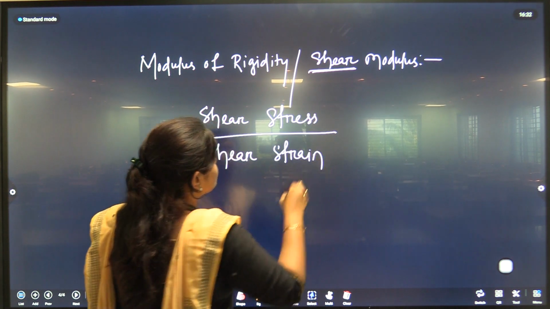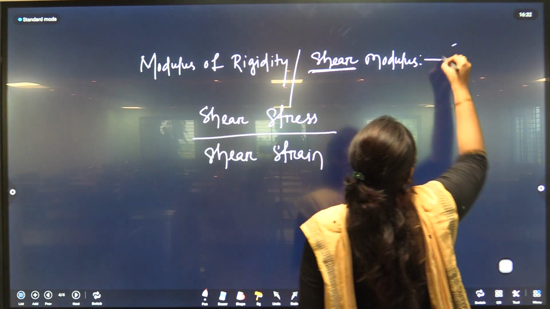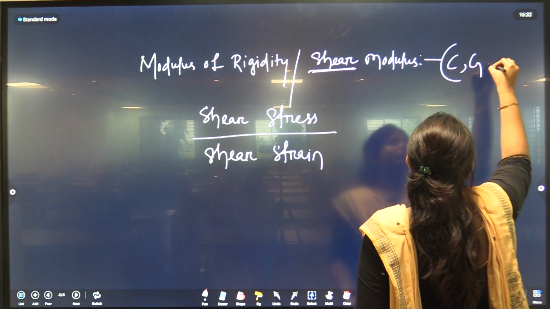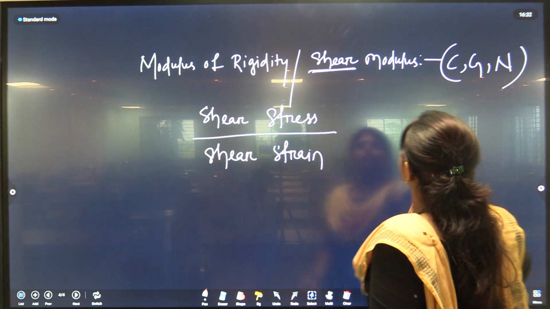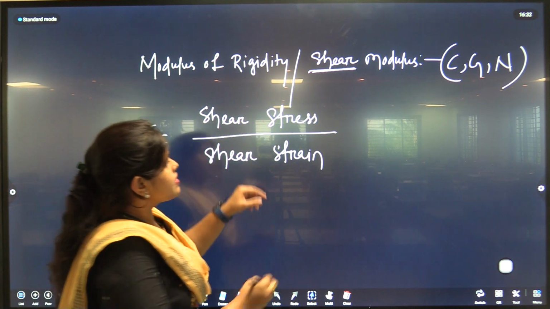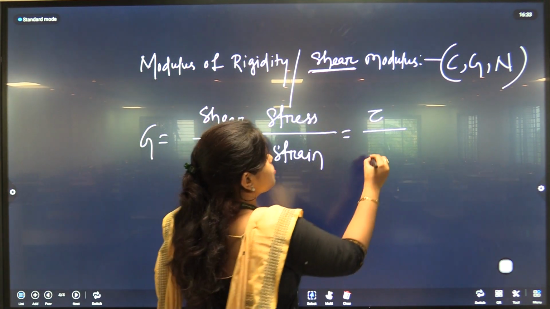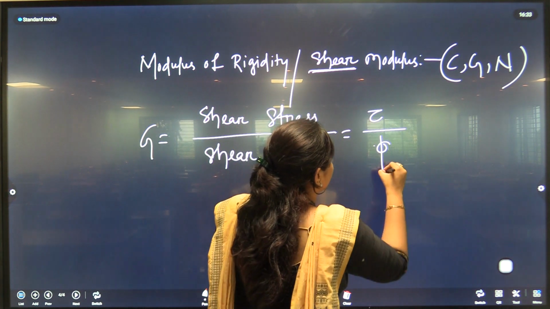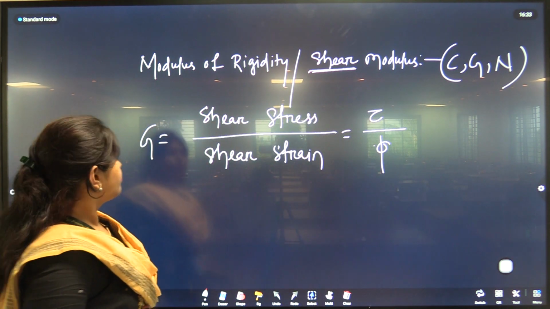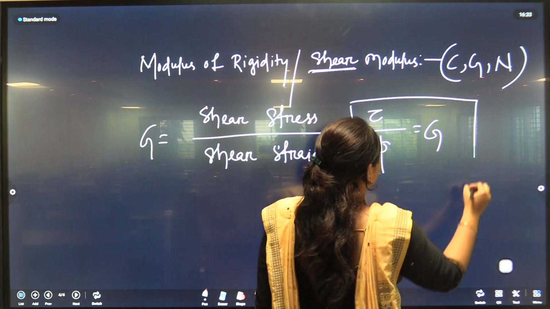It is denoted by C, G or N. Shear stress is denoted by tau and shear strain by phi. So, G is equal to tau by phi.